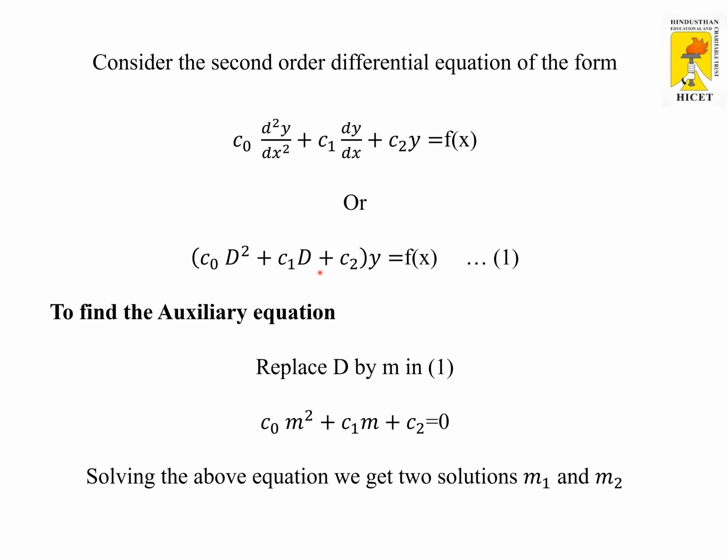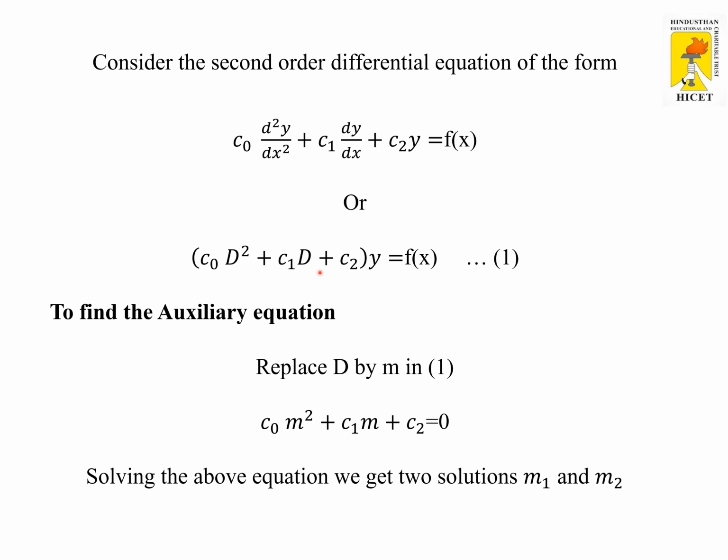Now first we are going to find the complementary function for the given equation 1. For this we have to find the auxiliary equation. The auxiliary equation is given by replacing D by m in the above equation 1.